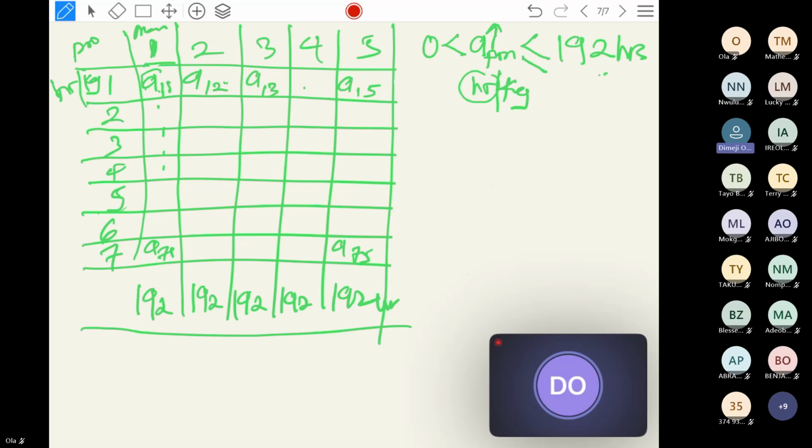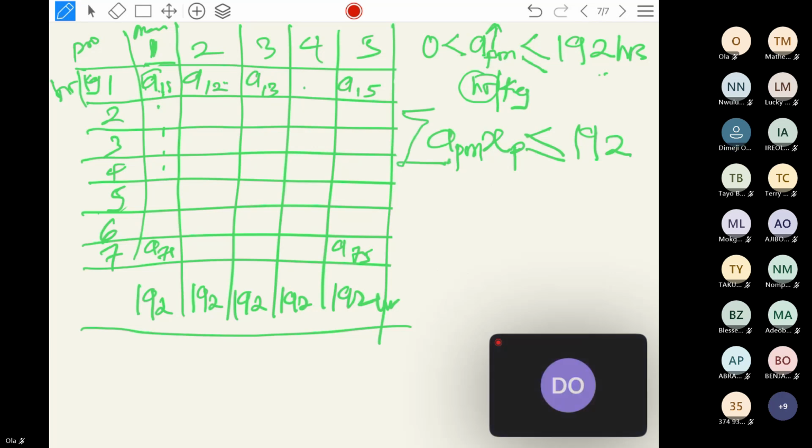So you could just add APM XP, less or equal to 192 hours. And you put summation, P from 1 to 7, for all values of M.